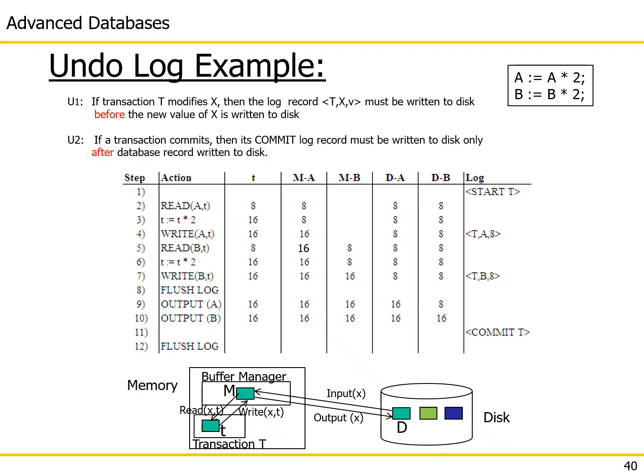We start executing a transaction, read A into T, so we initialize T with 8, I'm now at line 2, multiply T by 2, I'm now at line 3, so you see T changing in memory, and then I write T into A, so A in memory is now 16, that's going to go from the transaction to the buffer manager, and then I will read T into B. Notice that the log is being updated because the buffer manager is sending notifications to the log manager telling it what's going on, who's reading, who's writing what.